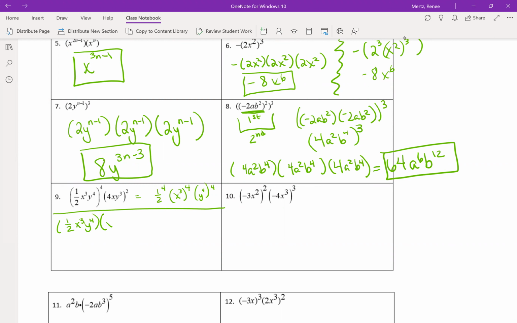You're writing that 4 times. And then we're writing 4x y cubed twice.